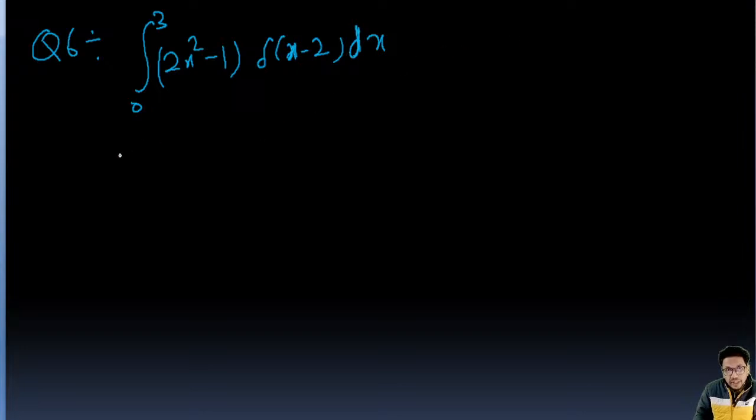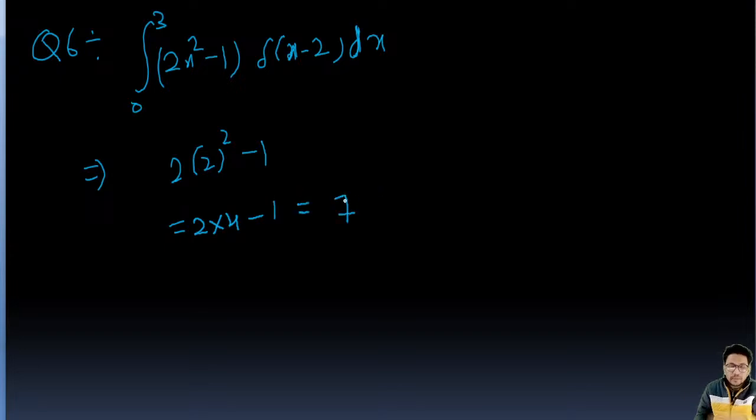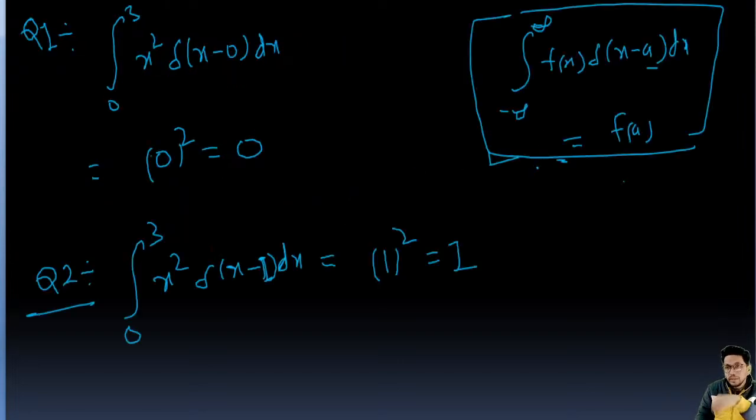So this is f(a), a is 2, so 2 into 2 whole square minus 1, okay. So this is going to be 2 into 4 minus 1, that is equal to 7, okay. This is the one, so we are using this property only, okay.